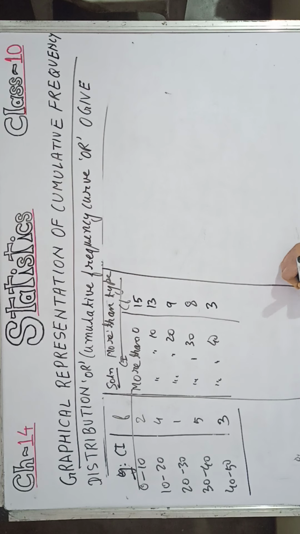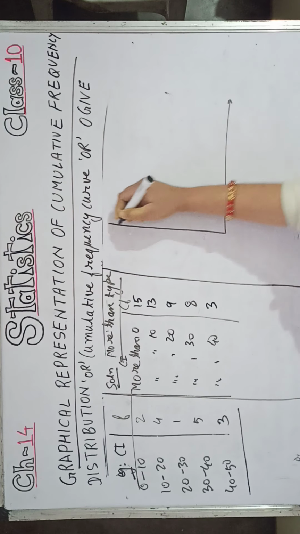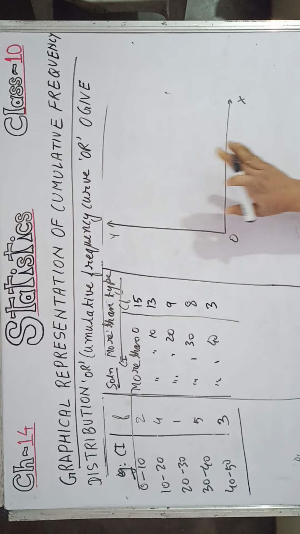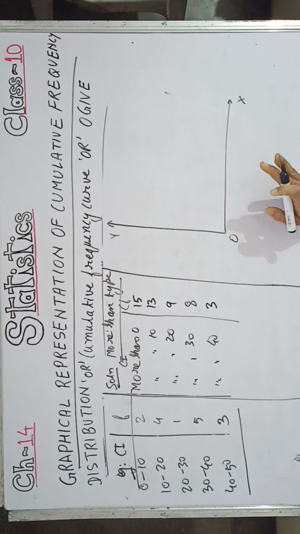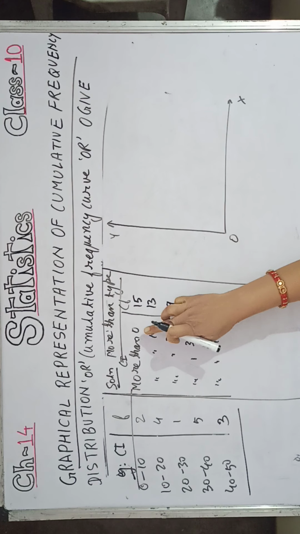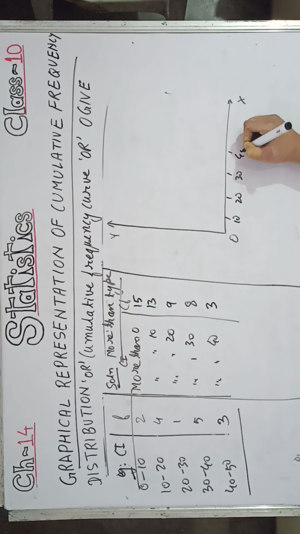Now we will be plotting the points. This is the x-axis, this is the y-axis, this is 0. Scale you will also be giving, but again I repeat, this time representation might not come, the concept may come, so understand the concept. So 0, over here 0, then 10, 20, 30, 40.